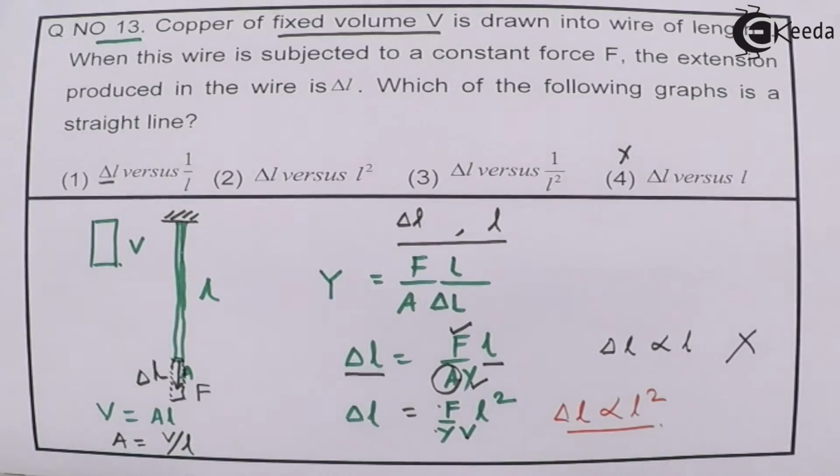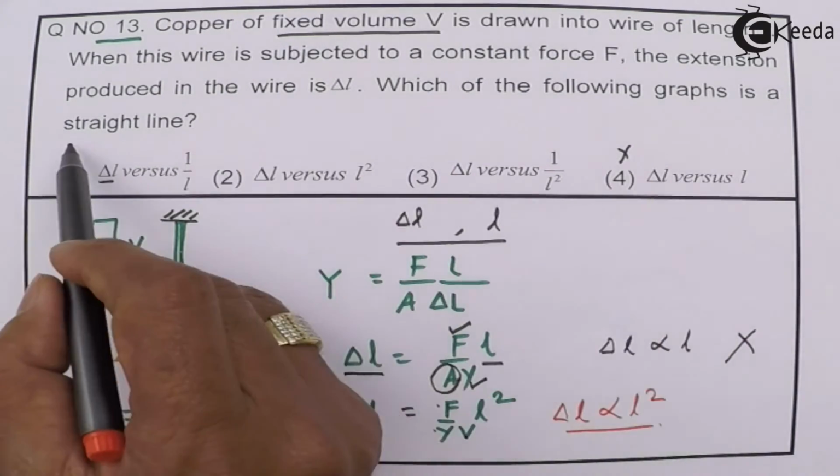Because these are constants, if delta L is proportional to L square, this means that if I want a straight line graph, then I should not plot the graph of delta L versus 1 over L square. I can plot the graph of delta L versus L, but then it is not a straight line.